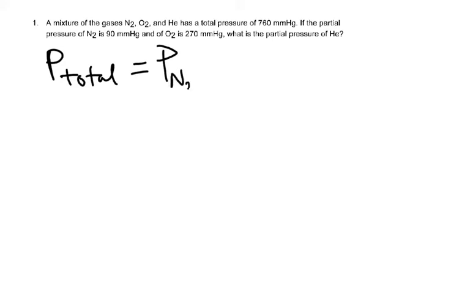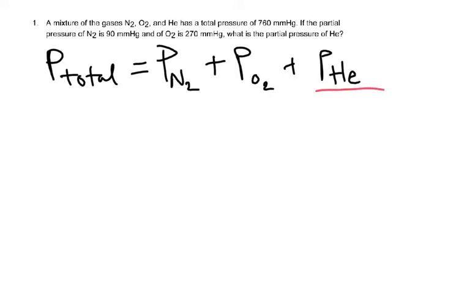So the sum of the partial pressure of nitrogen gas, the partial pressure of oxygen gas, and the partial pressure of helium. In this problem, we want to find the partial pressure of helium.